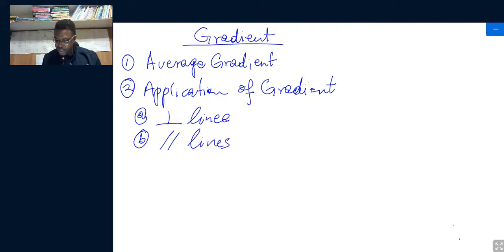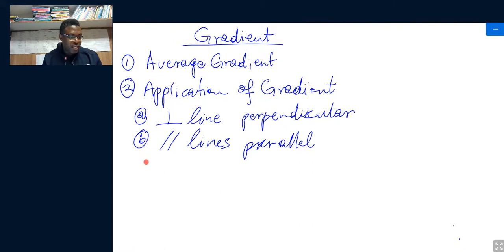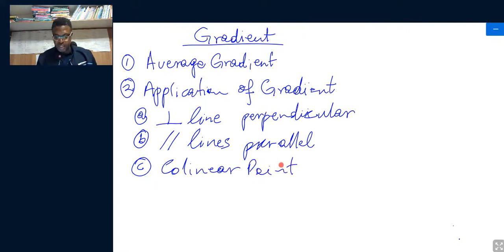The double forward slash means parallel. And C, we use it to determine collinear points. I'm not going to explain what these things are at the moment. I'm just giving you a layout.